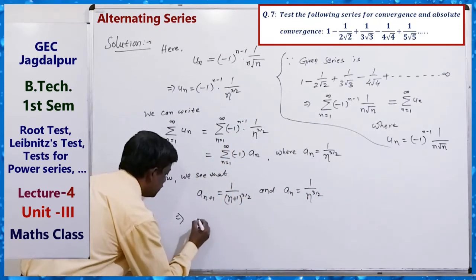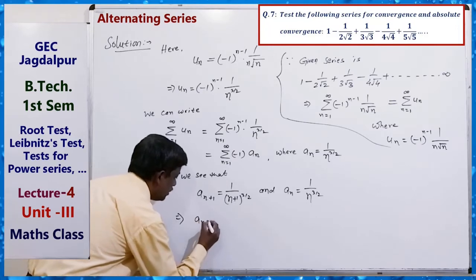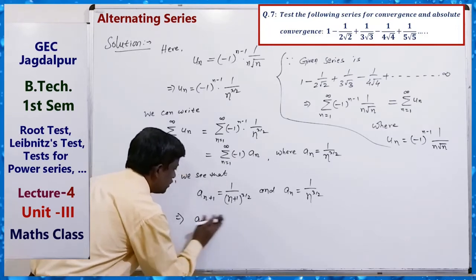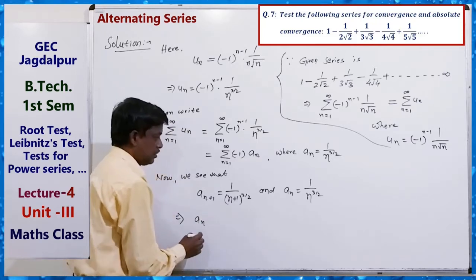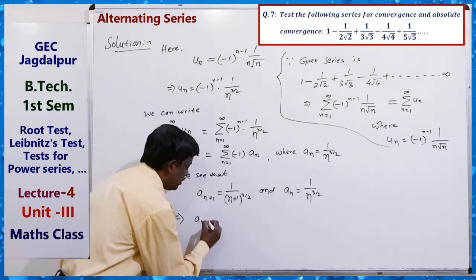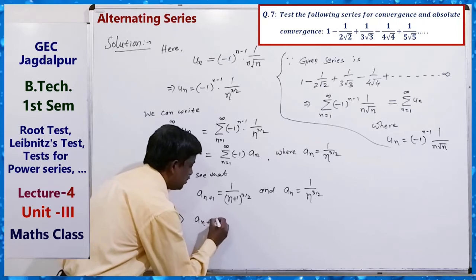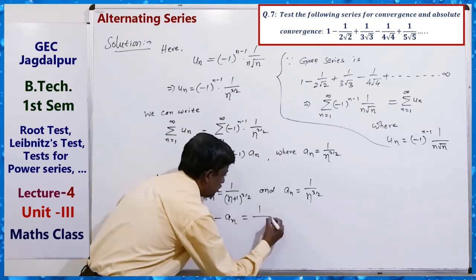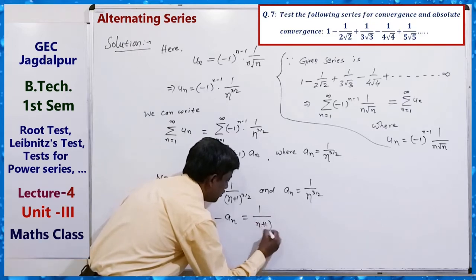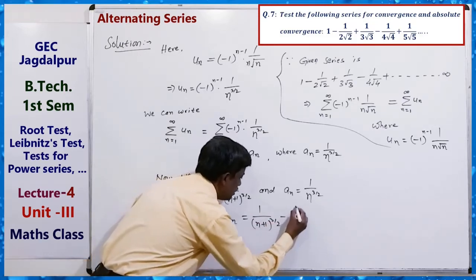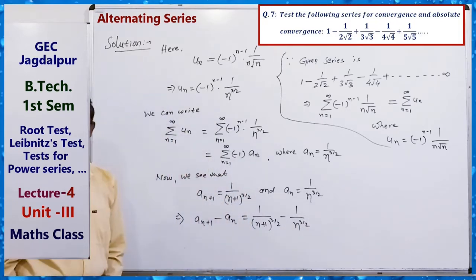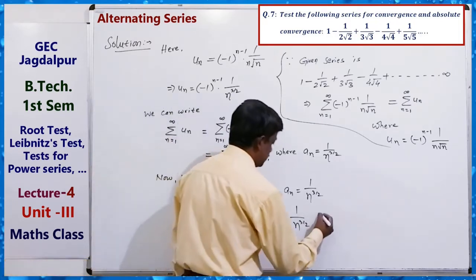This implies a(n+1) minus an equals 1 upon (n+1) power 3 by 2 minus 1 upon n to the power 3 by 2, which is negative.